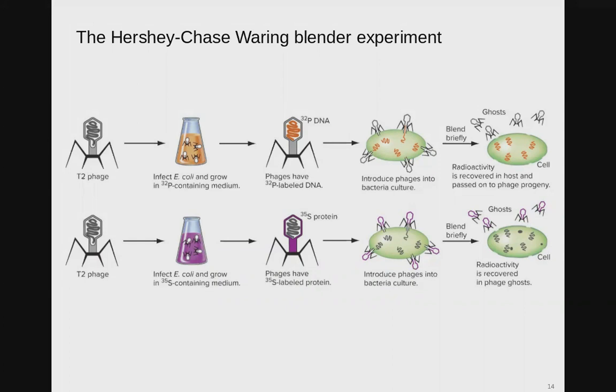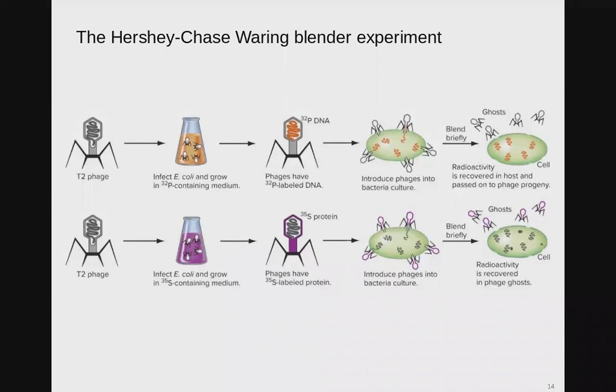Is the radioactivity inside the cell, or is it hanging out on the ghost viruses? Because if it's carried in the protein, it's going to be on these dead viral corpses. If it's carried on the DNA, it's going to be in the DNA that's been injected inside the bacterial host. So it's a pretty ingenious experiment.